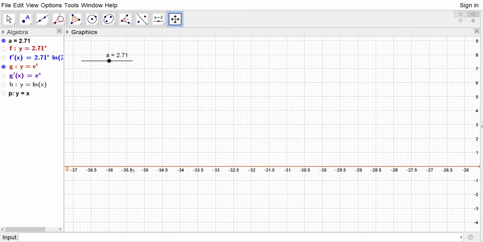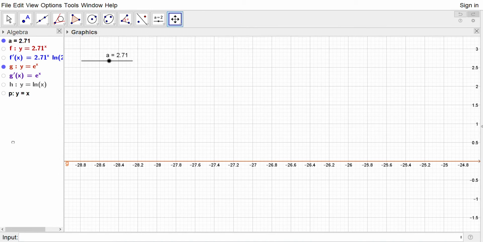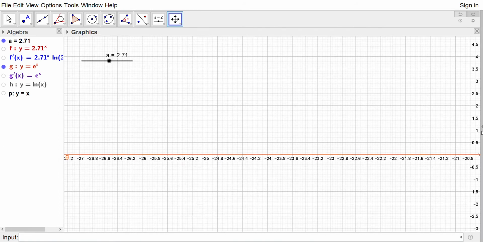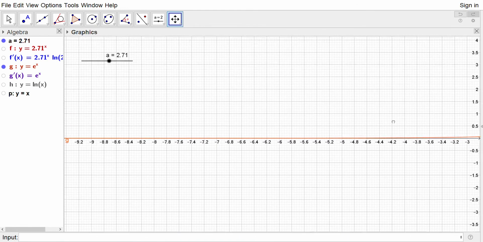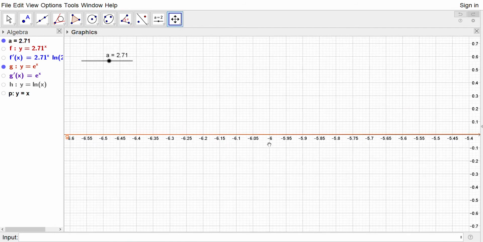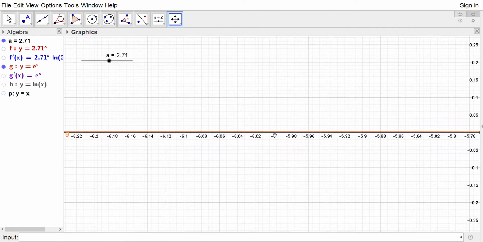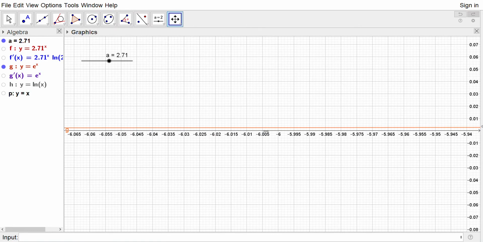If I zoomed in here enough, eventually you would see there's a small gap between y equals 0 and the value of our graph. However, it takes a very, very long time to zoom in at such high numbers. So let's just zoom in over here somewhere, just to see that there is a gap even when it appears there isn't. So e to the power of -6, zooming in on there, we can start to see some daylight appearing. So we'll never quite touch 0, but we can get as close to it as we want.